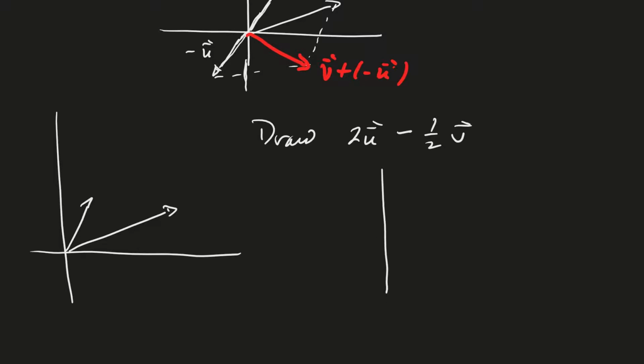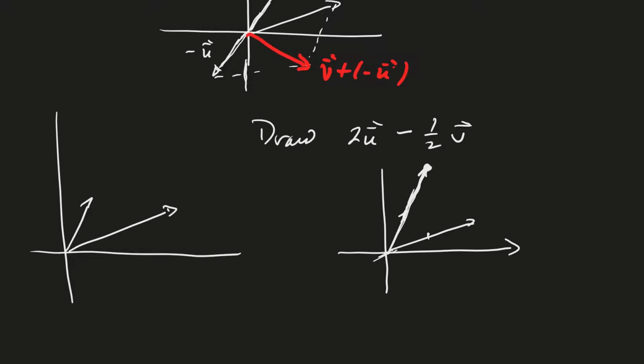Okay, so I would take my graph, and I would go ahead, so 2U would be twice this, right? And so this would be my 2U there, and then if I want minus 1/2 V, I'm taking V backwards. Is that about 1/2 right there?